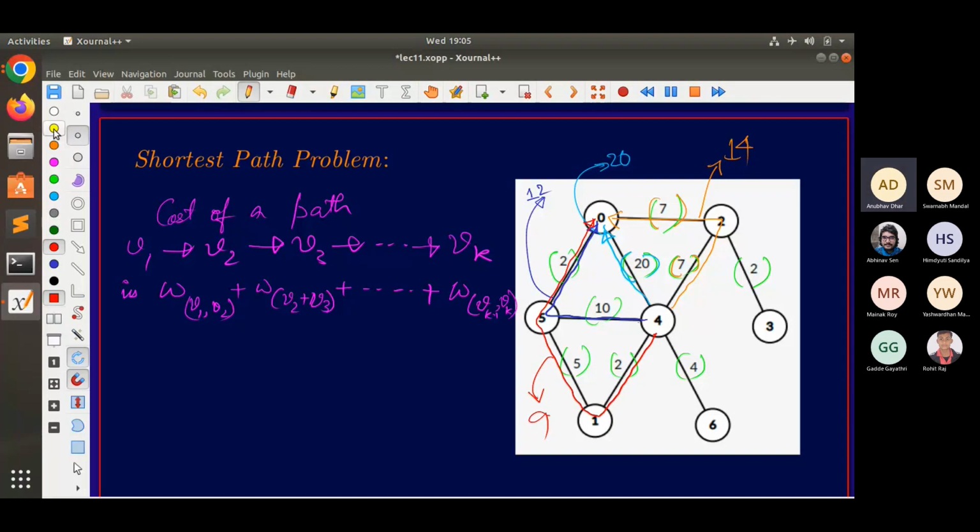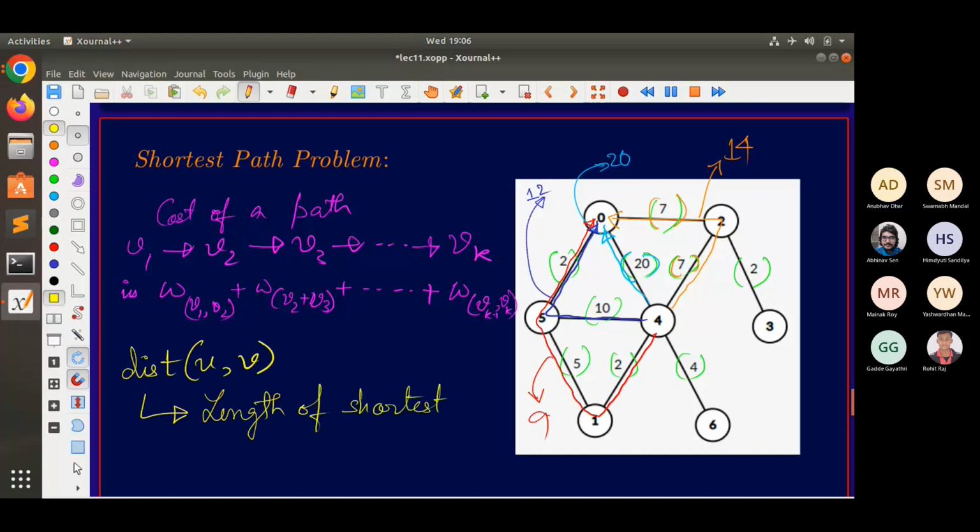Now the shortest path problem asks you to find the minimum weight among all these paths. So find the path, or just the weight, such that the cost of the path from u to v is minimized. We write this as, let's say, distance between u comma v is the length of the shortest path from u to v.